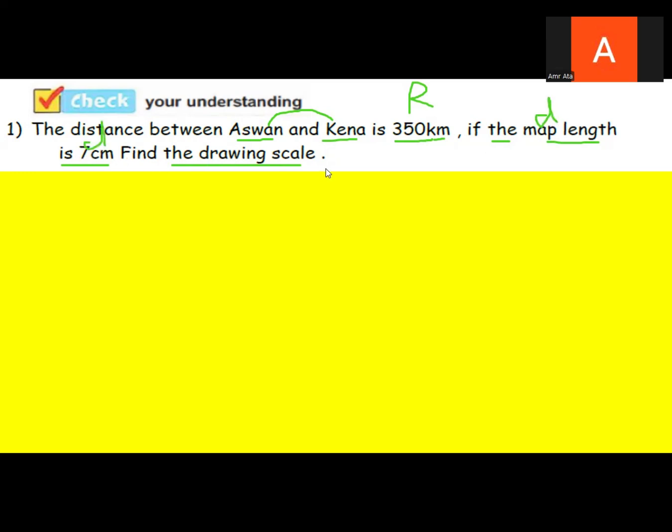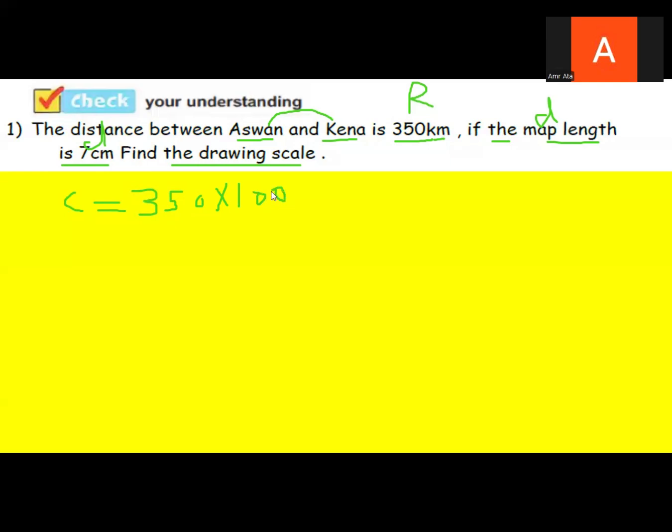Find the scale drawing. I have 3 steps. Number 1, convert. I will convert kilometer to centimeter. So 350 times 5 zeros. To convert kilometer to centimeter, I will times by 5 zeros.